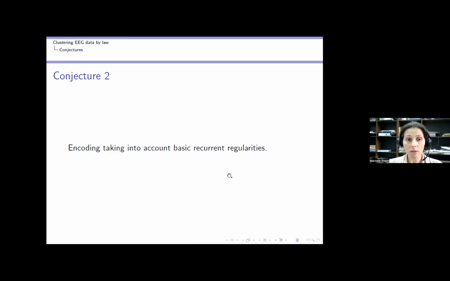The second conjecture is that the encoder takes into account basic recurrent regularities. What does that mean? There are papers in the neurobiology literature that support the idea that the brain synchronizes with the auditory stimuli and uses that synchronization to make predictions. Then it is conceivable that the brain uses the recurrent strong beat to encode information in the stimulus sequence.